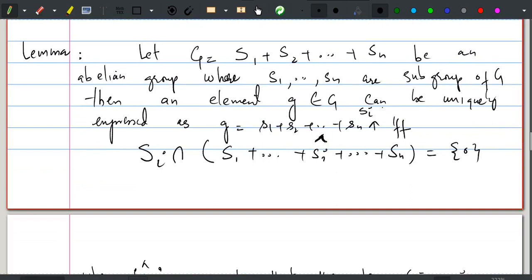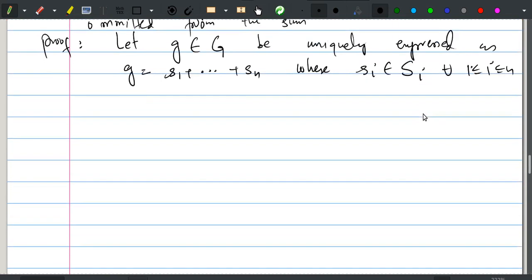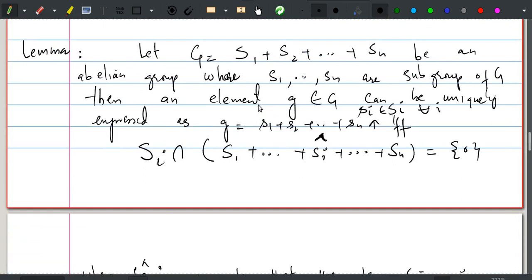So we assume that each element g in G is uniquely expressed as an element in S1 plus an element in S2 through an element in Sn. Now what we have to prove is that this intersection over here is singleton.